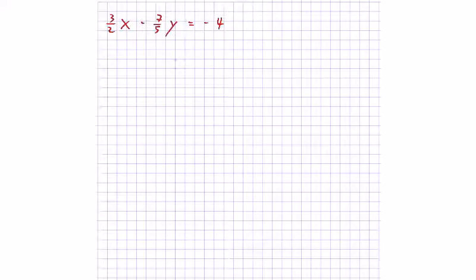Now, some of you may have actually tried to do this working with fractions the entire way. There's a nice, easy way to do this. The easy way is to note that the denominators of 2 and 5 have a least common multiple of 10. So if we were to multiply both sides of the equation by 10, we will get negative 40 on the right-hand side.